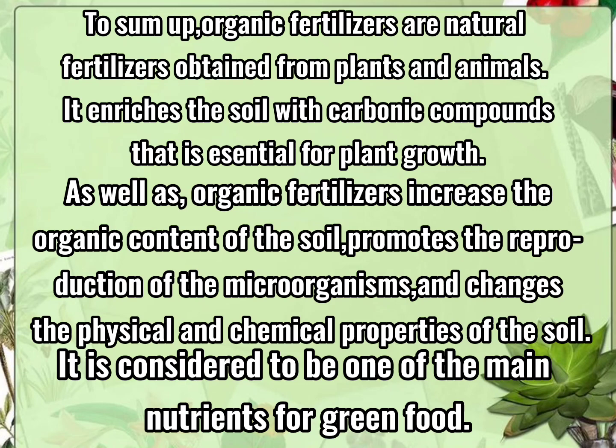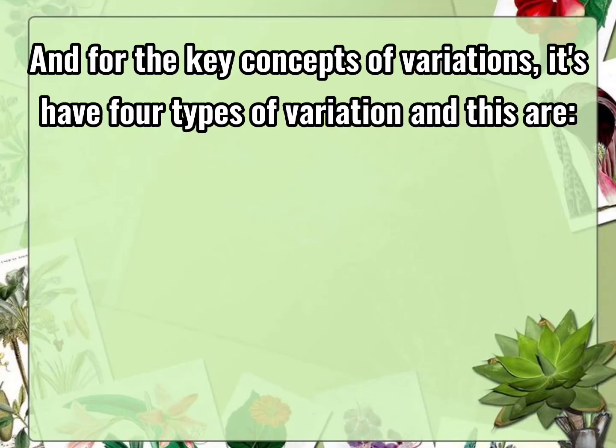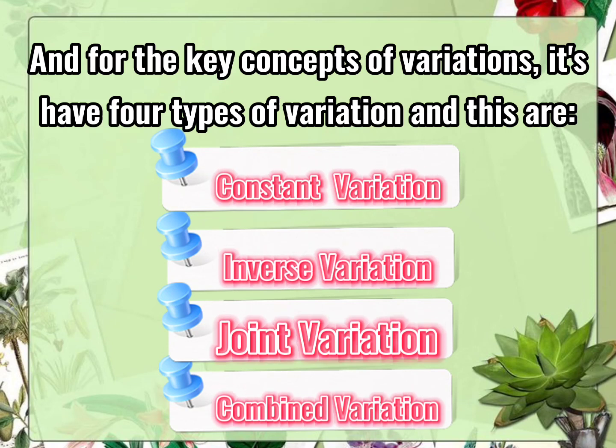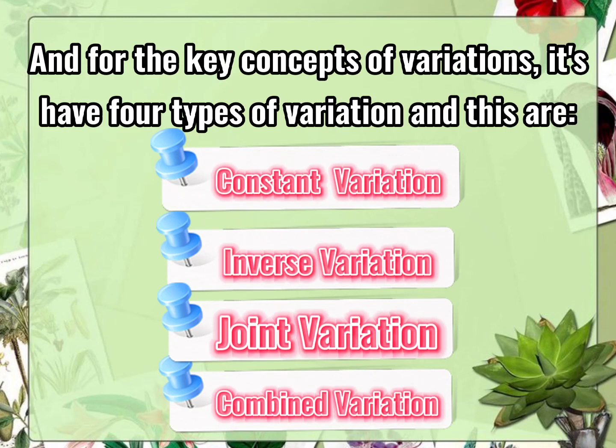It is considered to be one of the main nutrients for green food. And for the key concepts of variations, there are 4 types of variation: direct variation, inverse variation, joint variation, and combined variation.